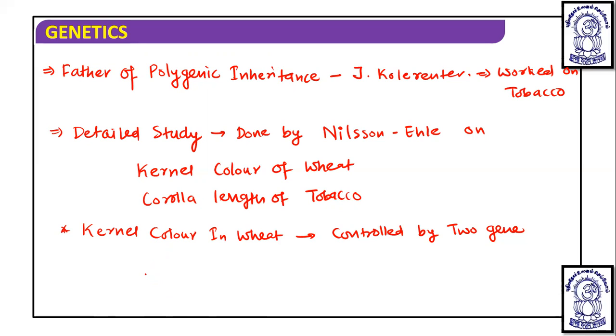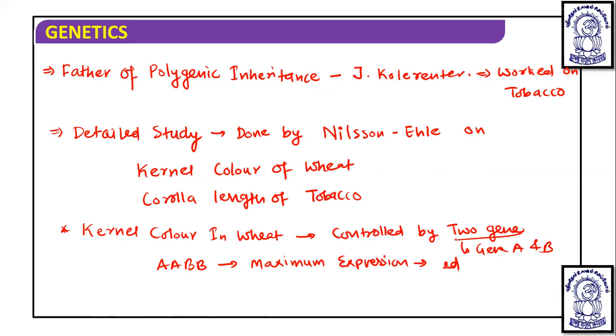Suppose the genes are A and B. When all are dominant, like capital A, capital A, capital B, capital B, then the maximum expression will occur and that will produce a dark red color.